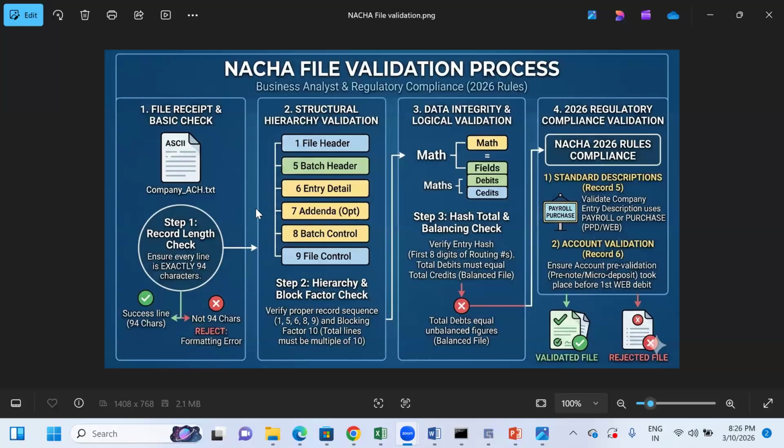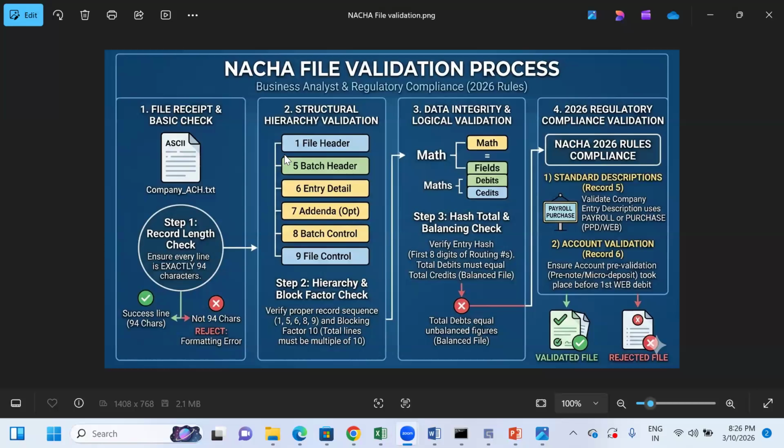Account validation, what is the pre-note and micro deposit validation that happens? Account validation, record 6. What are these types? 1, 5, 6, 7, 8, 9. I read that these are the types.